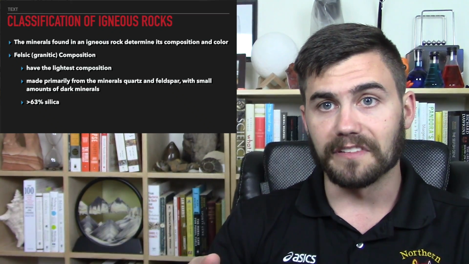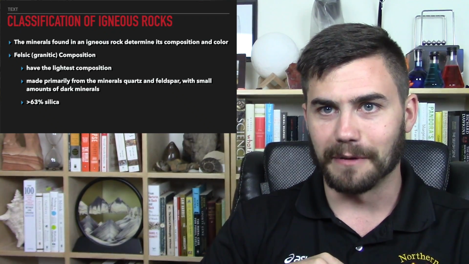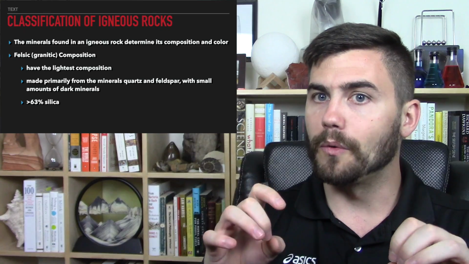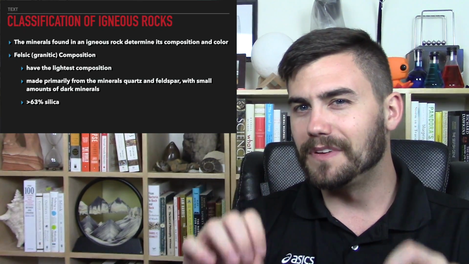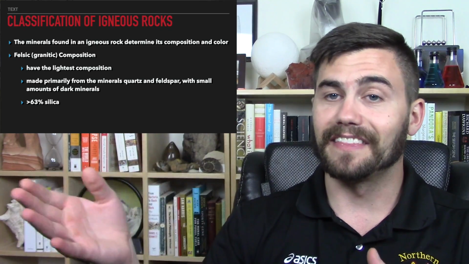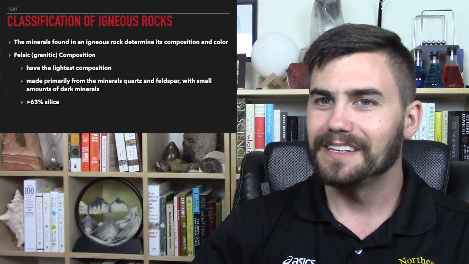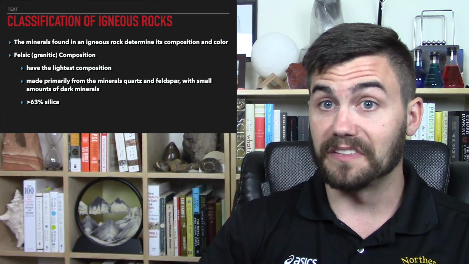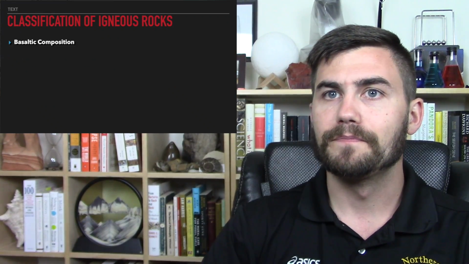But obsidian, for example, is basically the most felsic igneous rock there is. It's almost 100% silica, but it's almost always jet black. You really can't see through it. Normally, in most cases, the lightness is also an indicator of its composition, but technically, we're really just measuring its composition in terms of percentage of silica.